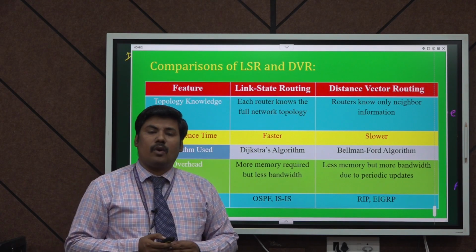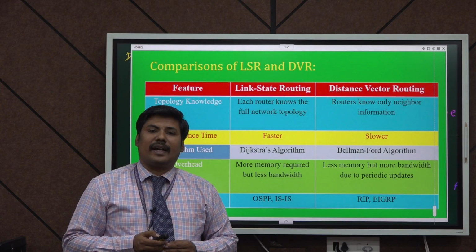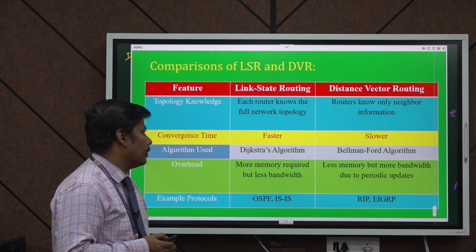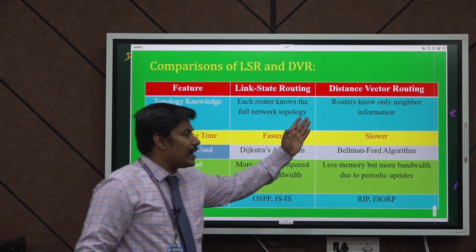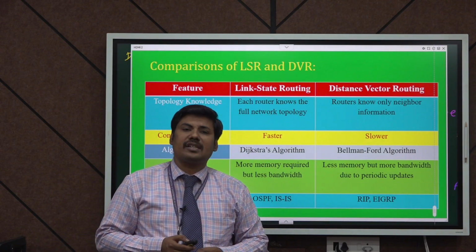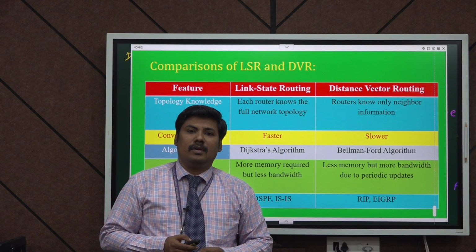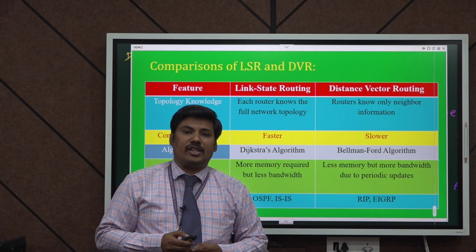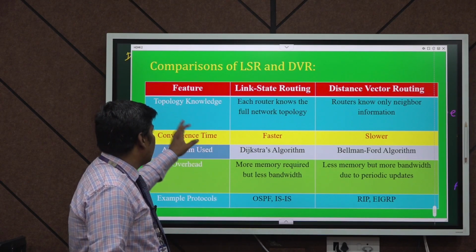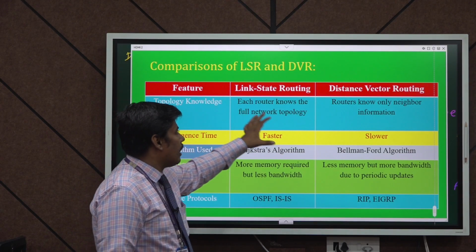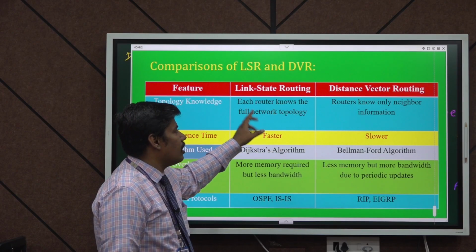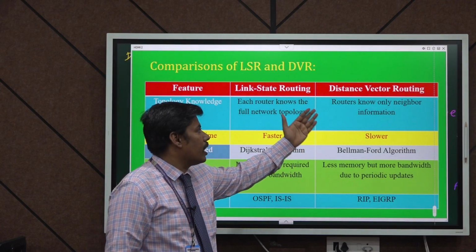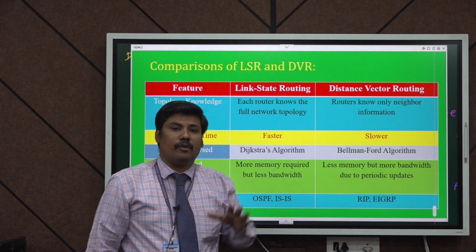Here we are going to compare distance vector routing algorithm with the link state routing algorithm. Distance vector routing algorithm is a foundational concept of routing algorithms which is mainly used in digital technology. In topology, each router in the link state routing algorithm knows the full network topology, whereas in distance vector routing algorithm each knows only its neighbor information.